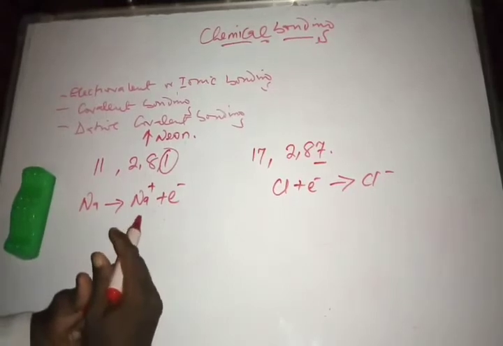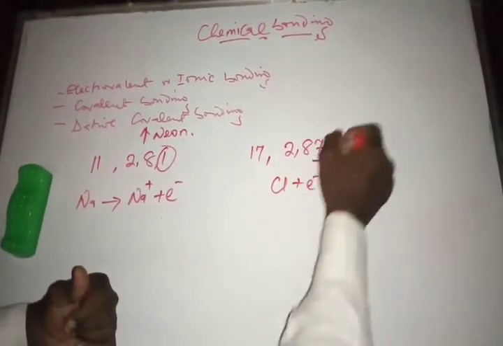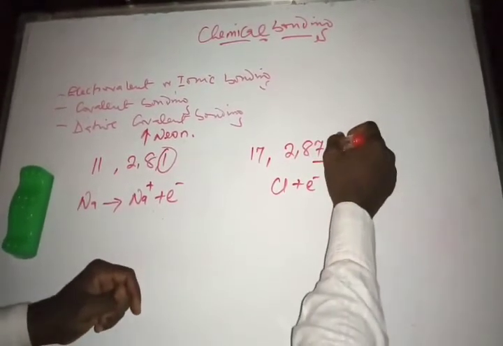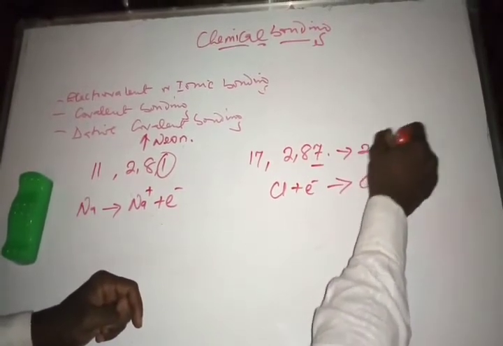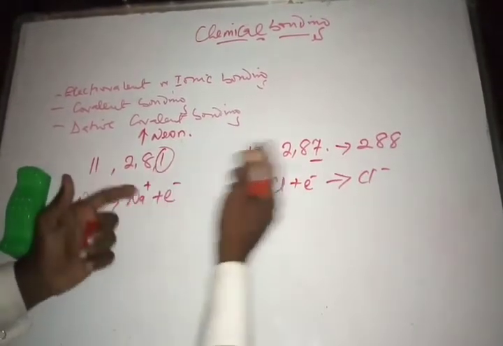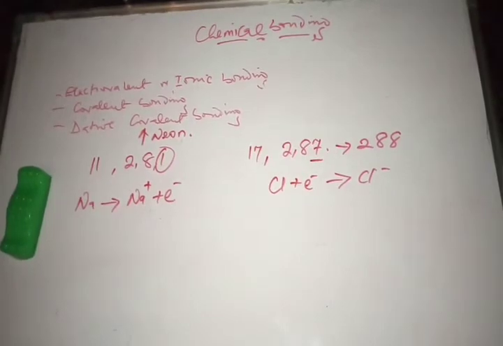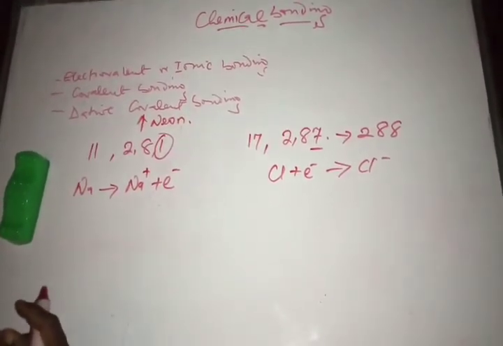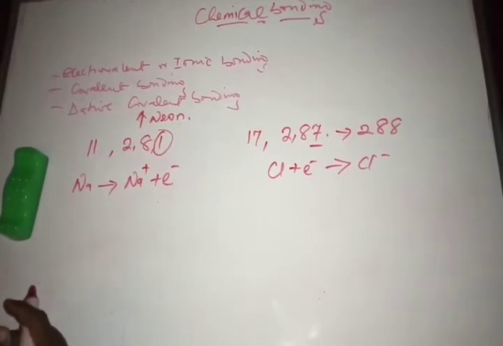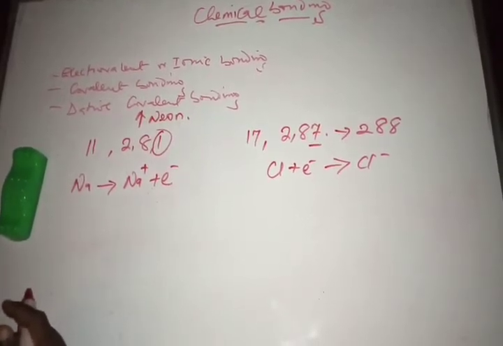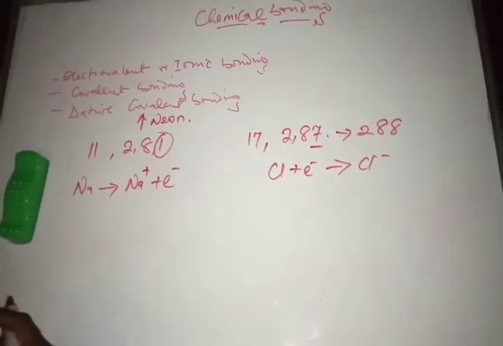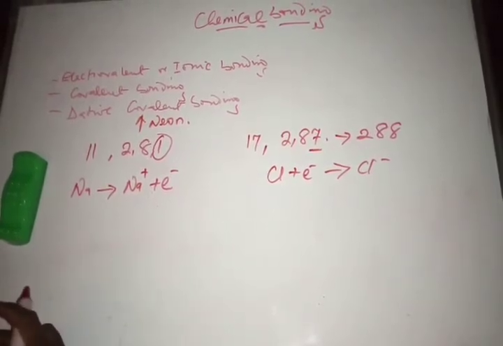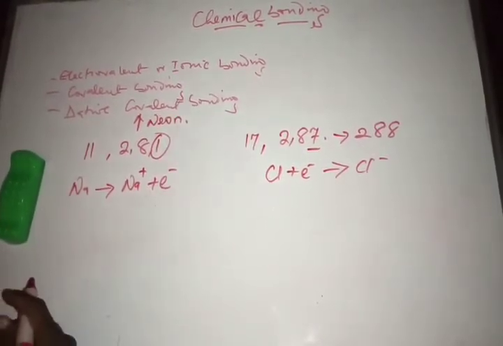And the moment chlorine gains an electron, an argon configuration is attained, which is 2, 8, 8. And normally neon and argon, they are noble gases. The essence of chemical bonding is that the elements are always eager to lose or gain an electron to attain that stable electronic configuration.